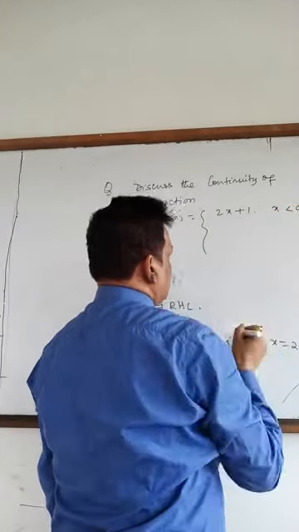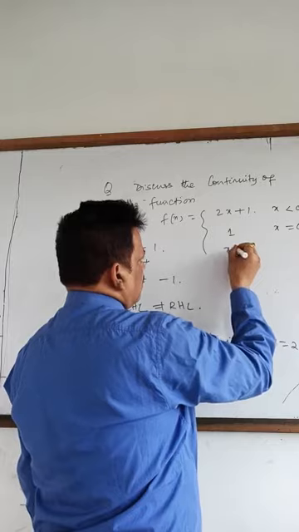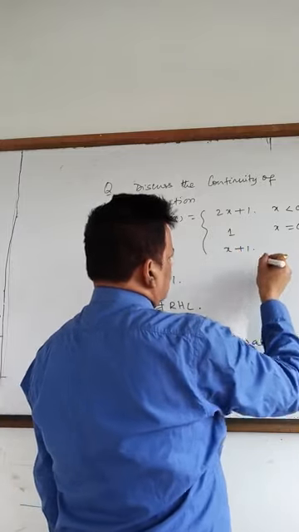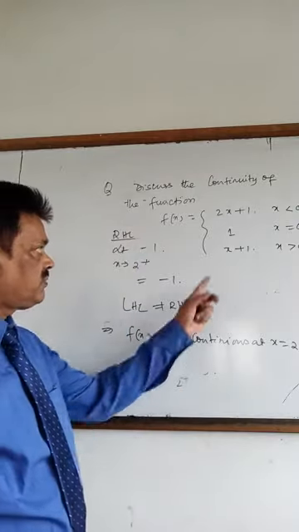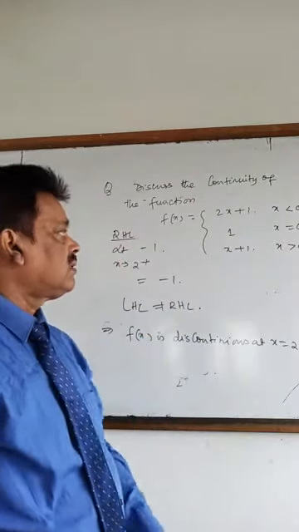This is 1 when x equals 0, and it is x plus 1 when x is greater than 0. Let's see whether this function is continuous or not.